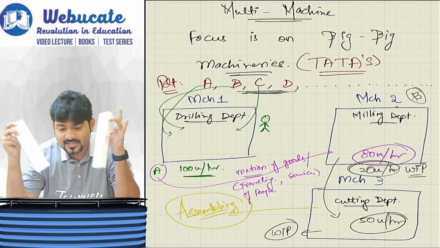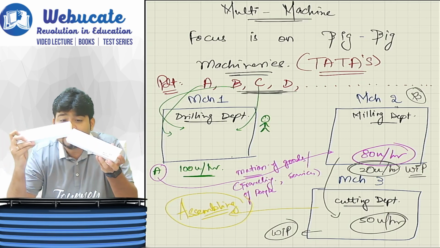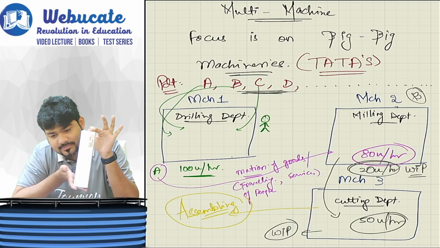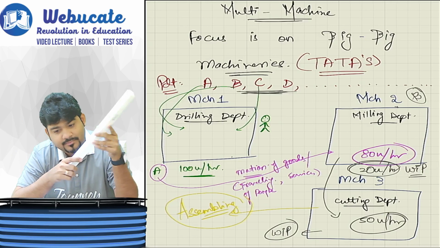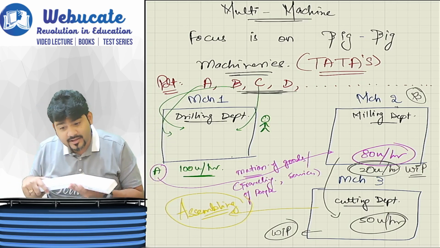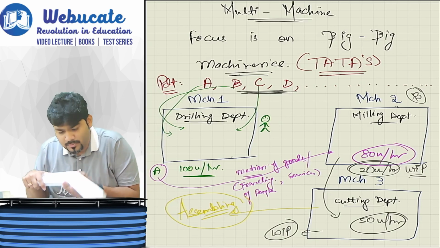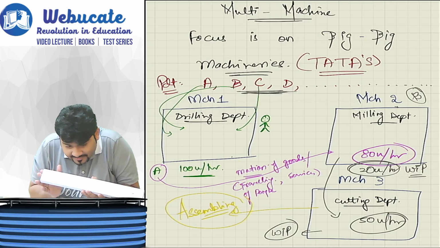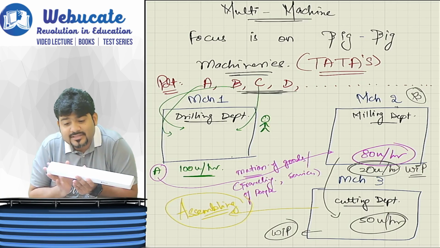Suppose they have made this box, and the cutting of this box has not been done properly. The assembling team's job is to assemble it, but they are not able to assemble it. Why? Because probably cutting is not done properly, or maybe drilling should be done in a proper way so that the edges are drilled properly and this can be done.